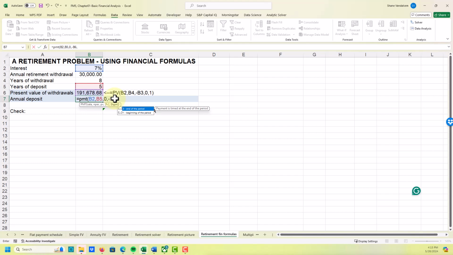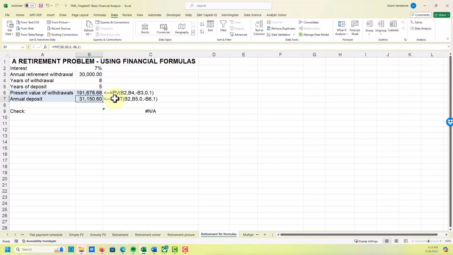And then we're making our payments at the beginning of the period, so there's going to be a 1 there. And we come up with the same answer as we got before, of $31,150.60.